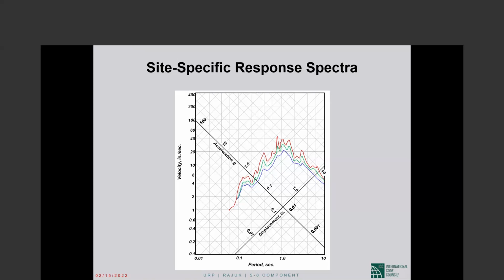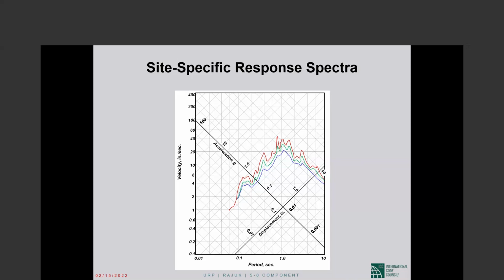This entire field of earthquake engineering is full of uncertainties. If there is one certainty, it is that an earthquake that has hit your structure in the past will never hit it again in the future.